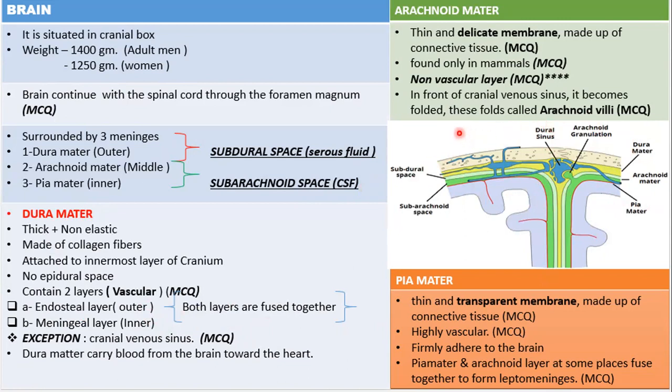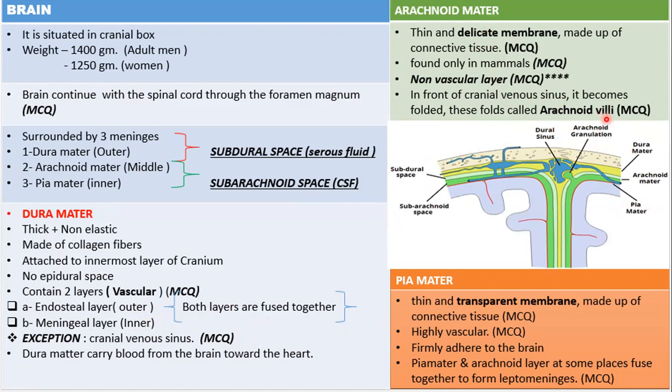In the cranial venous sinus, they appear like finger-like or villus-like projections, and we term them the arachnoid villi.